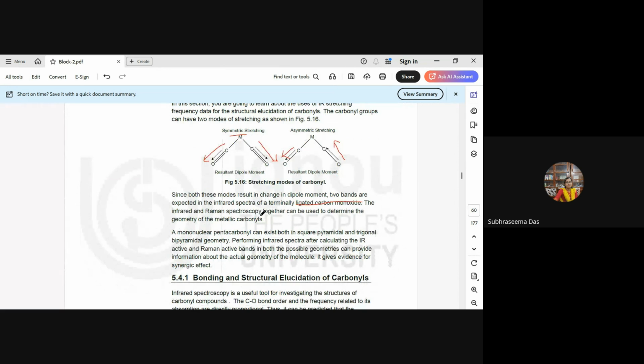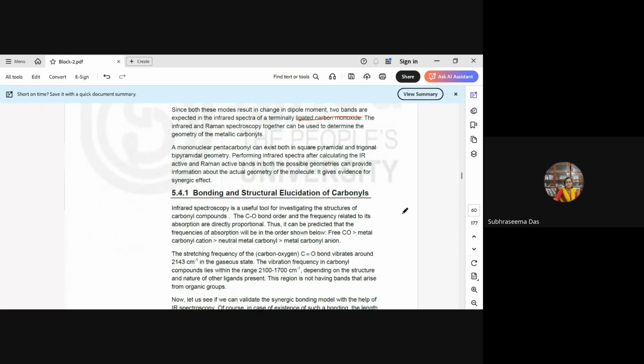FTIR and Raman spectroscopy have been used to determine the geometry of different types of metal carbonyls. A mononuclear pentacarbonyl can exist. Suppose we have a single mononuclear pentacarbonyl, let us say the metal is M and the pentacarbonyl is MCO5.